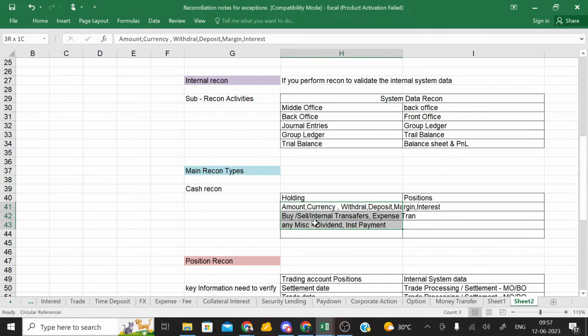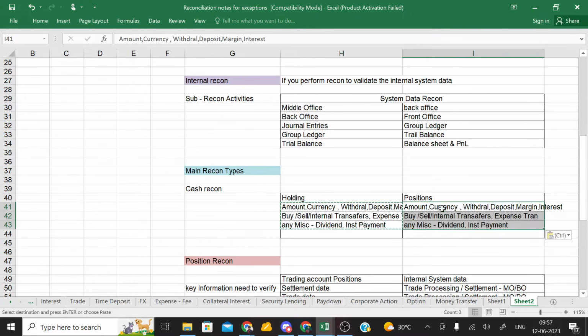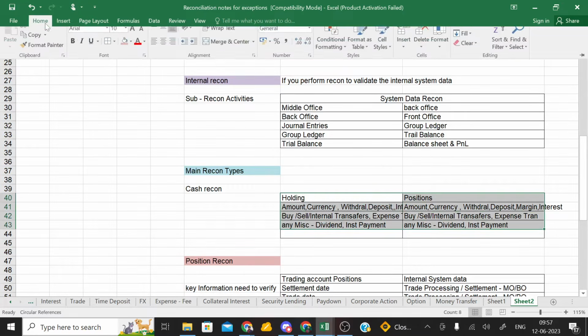The same information you would see under positions also, but apart from that, you might see the holdings. Margin, I don't think you need to highlight here, but yes, under position you would see margin and all.